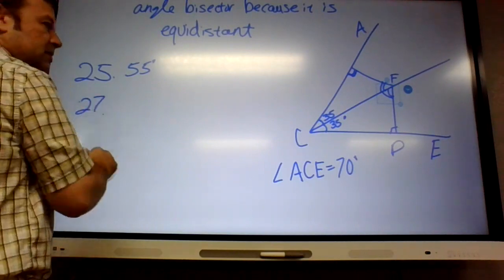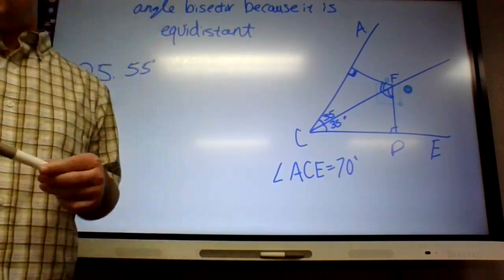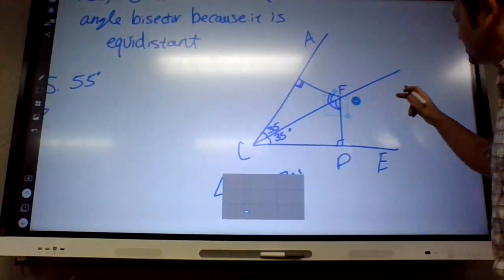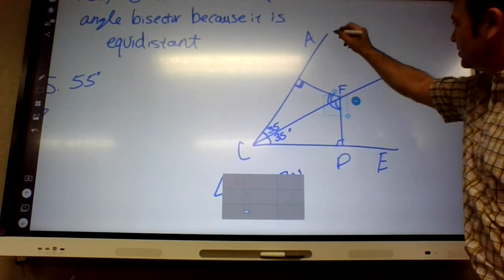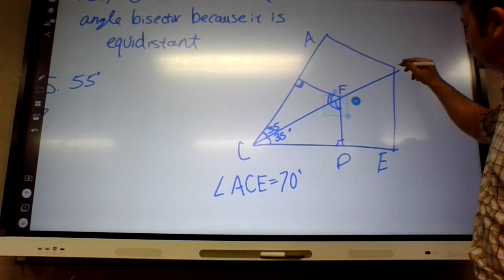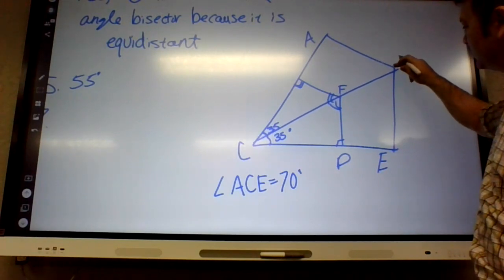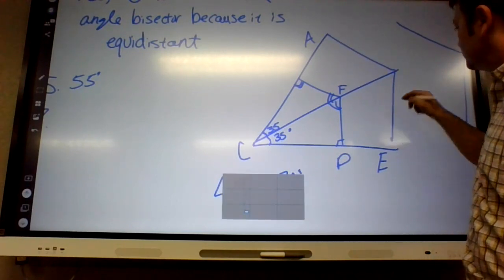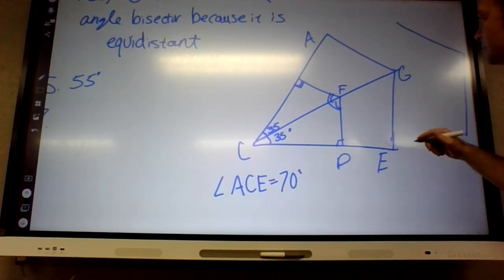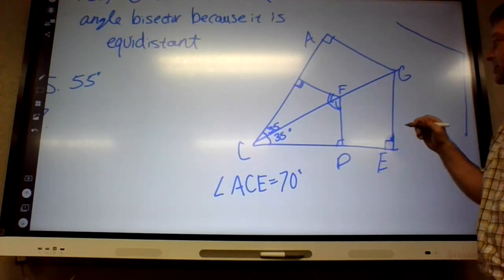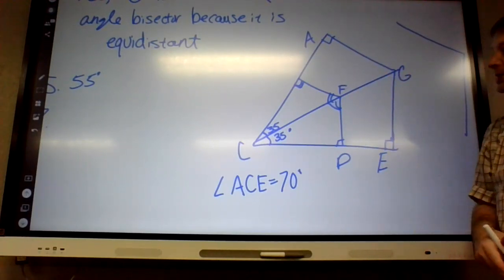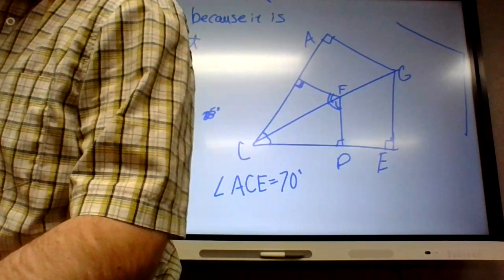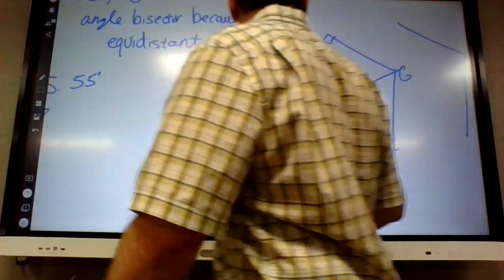27, angle AGE. Okay, remember earlier how we said G is going to be on the angle bisector? Even though they didn't draw G, or the line out to G, it does go out to G. It says angle AGE is 130.